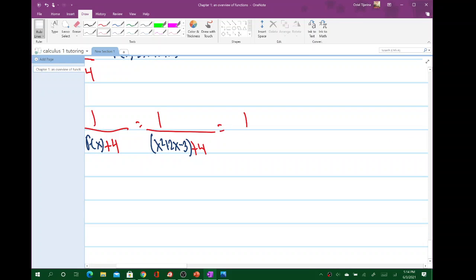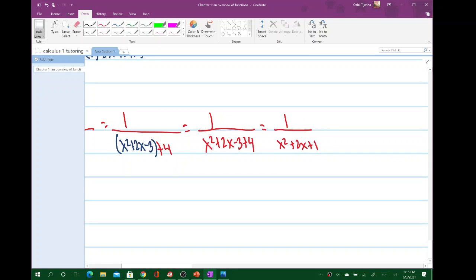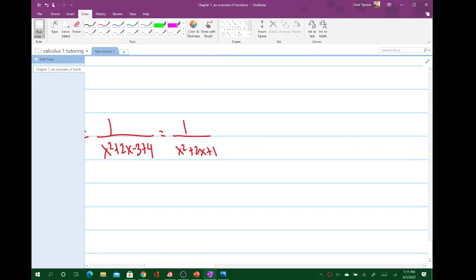So you have 1 over x squared plus 2x minus 3 plus 4. Then this is going to be 1 over x squared plus 2x plus 1. You can also write this as 1 over x plus 1 quantity squared, okay?